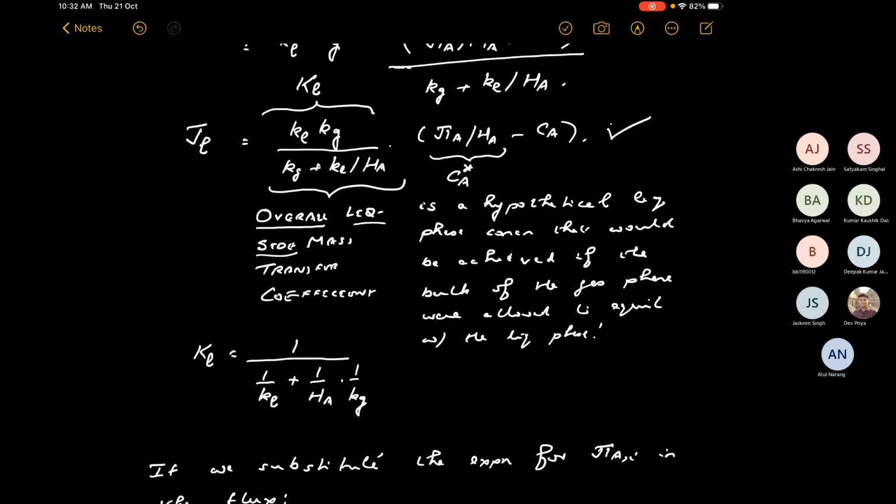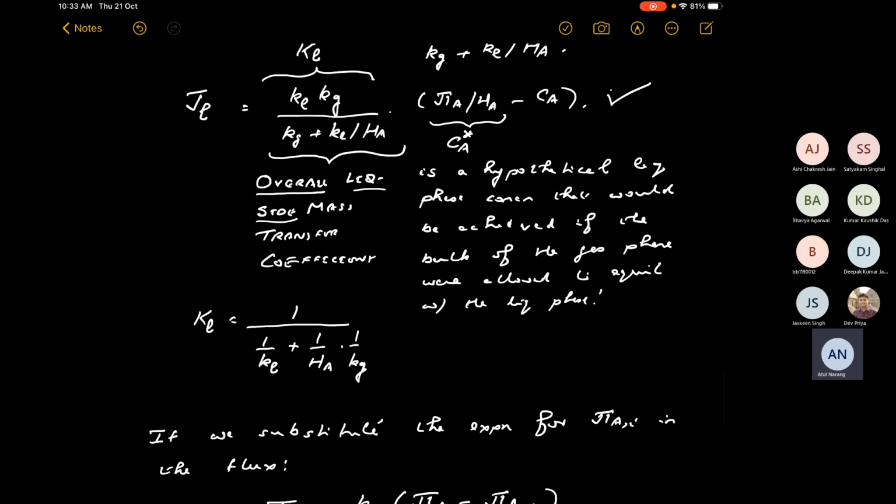KL should be equal to 1 over kL plus, I'm getting kg over... this expression is correct. Hmm. Okay, so here it is.